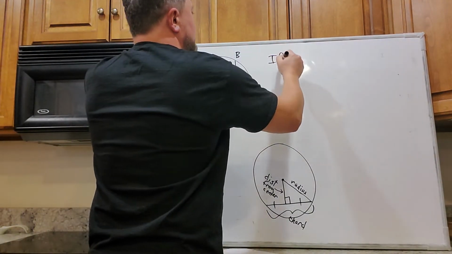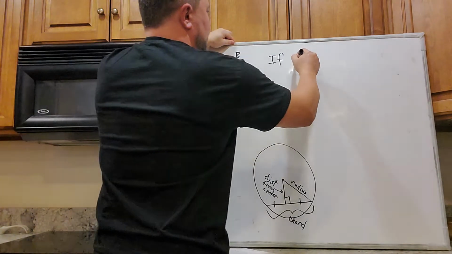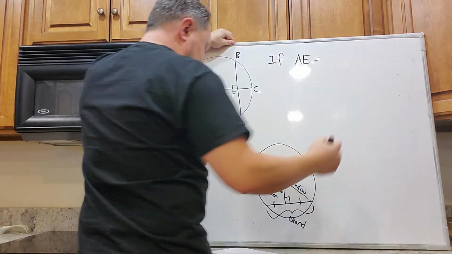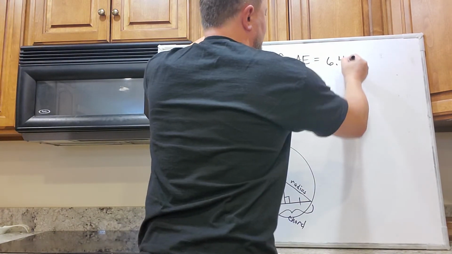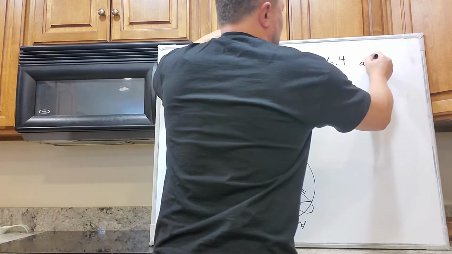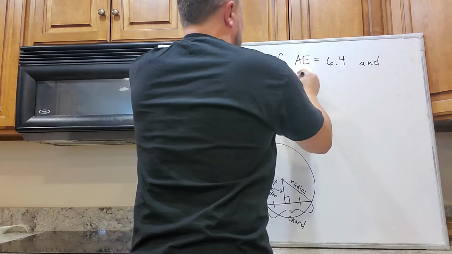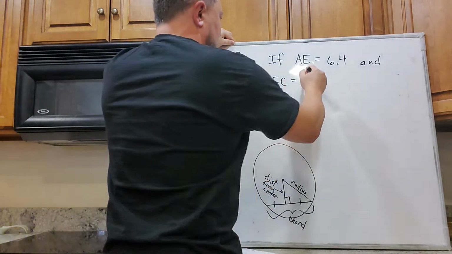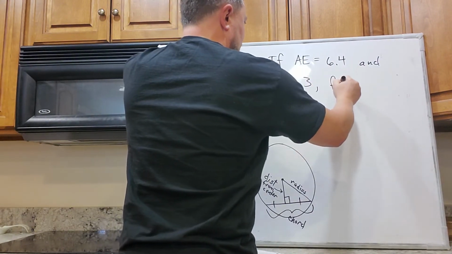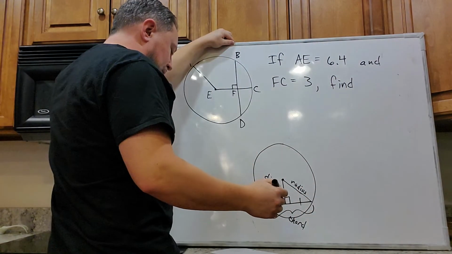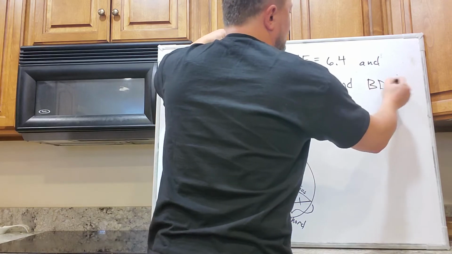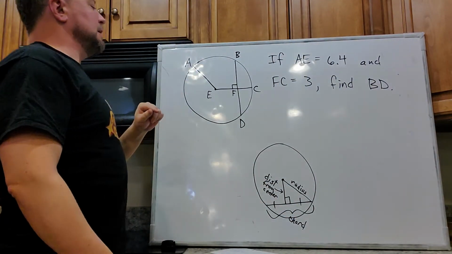So on a problem like this, they might say, all right, if AE equals 6.4 and FC equals 3, then they're going to ask you to find BD.